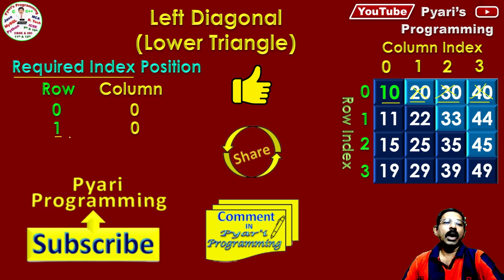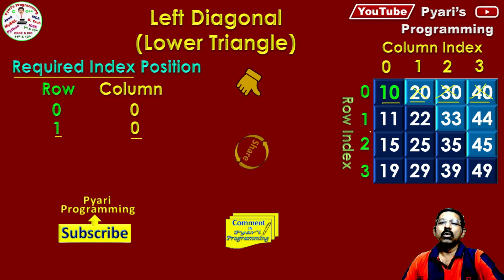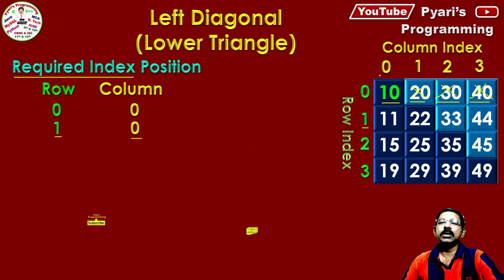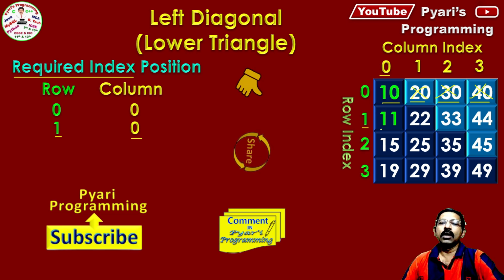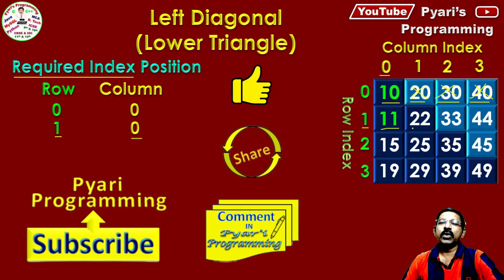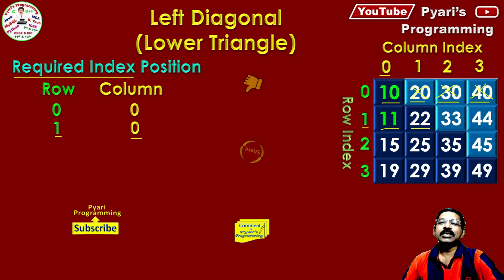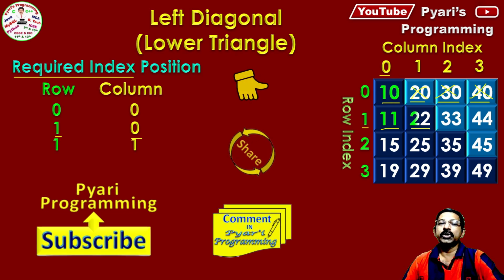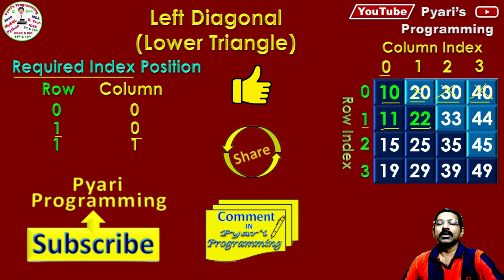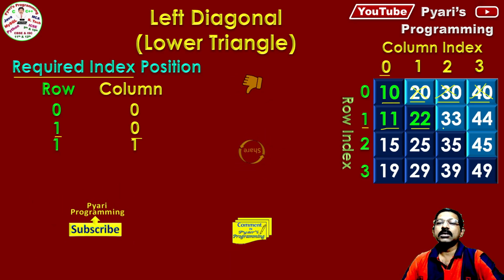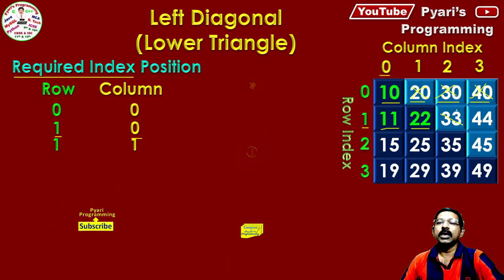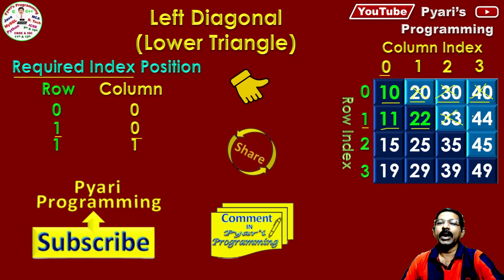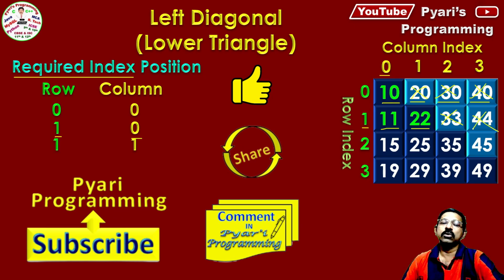Row is 1 and column is 0, where it is 11. Like this, which one do I want? I want this one, its index position is row 1 and column 1. So it is green, that is required. Like this, 1, 2 and 1, 3 index positions are not required.